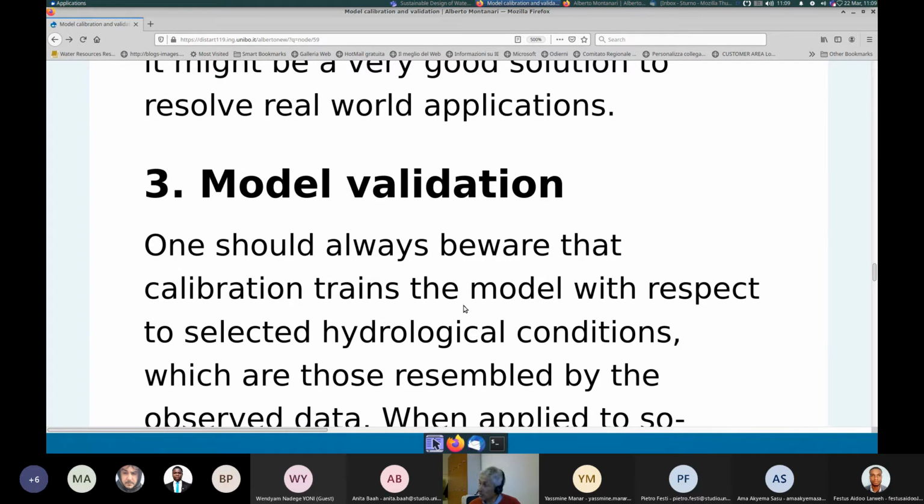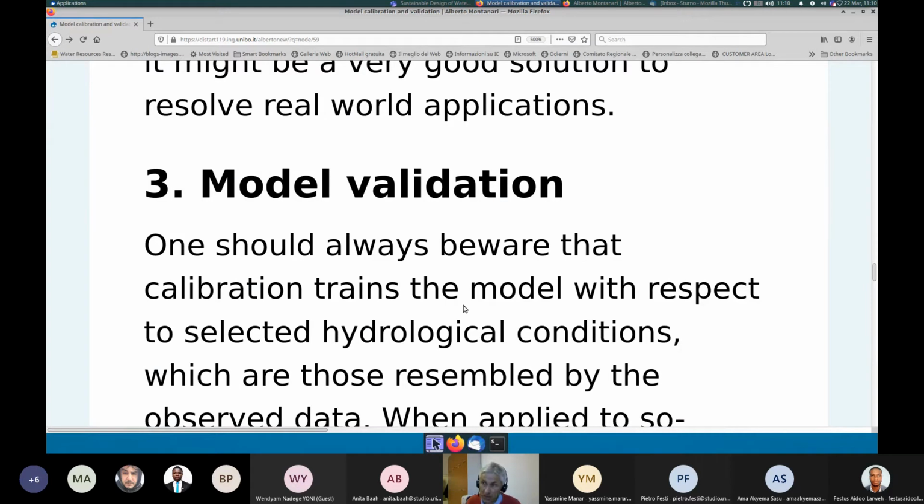Even if you performed a visual assessment of calibration and already verified that the calibration is meaningful, validation is something more that you should anyway carry out.